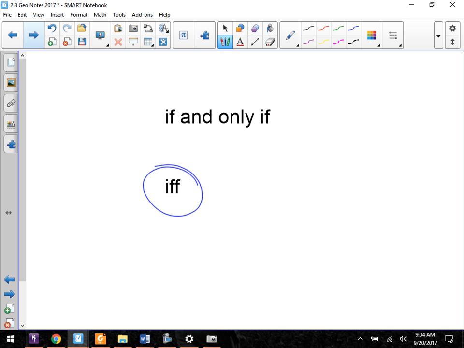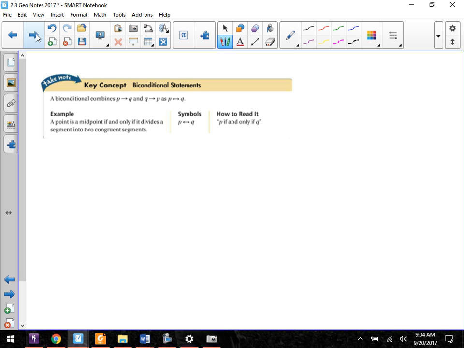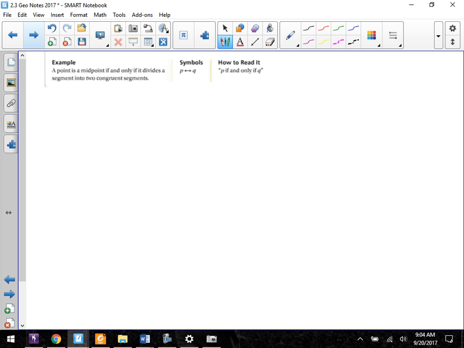So let's see here. A point is a midpoint if and only if it cuts a segment into two congruent parts.